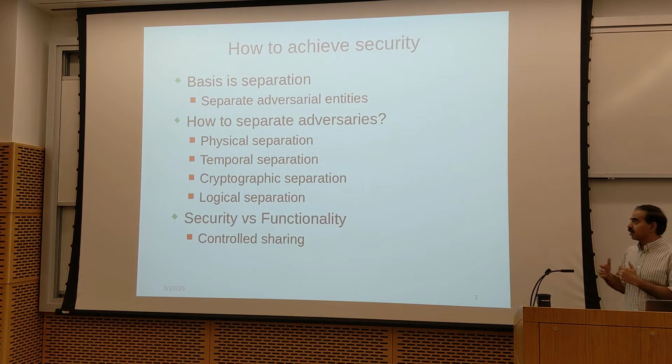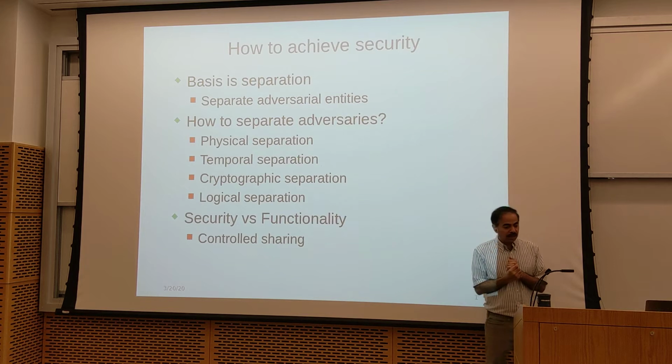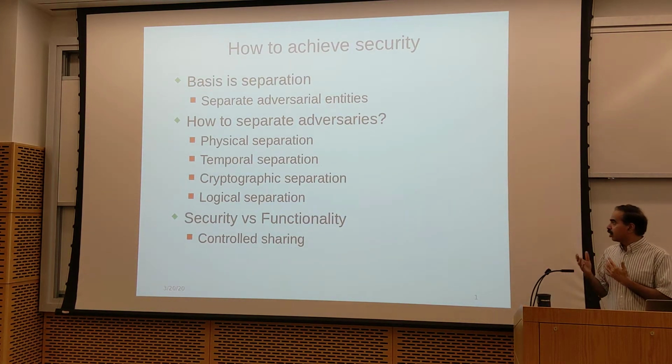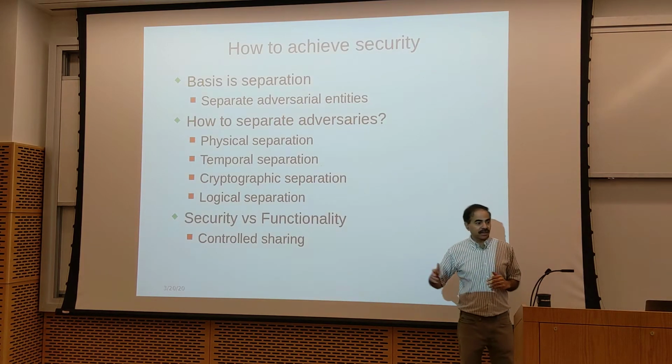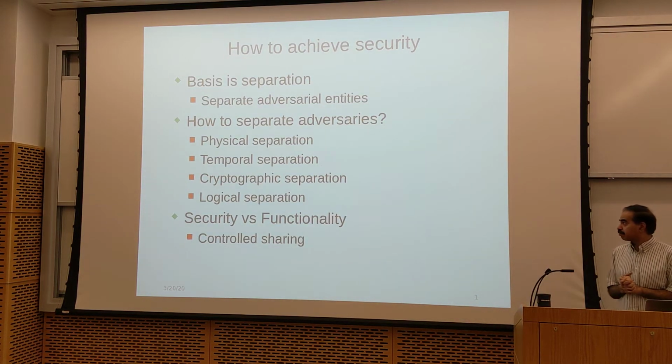So in a sense, logical separation relies on the correct operation of some other entity that is observing the two adversaries. For instance, we have talked about reference monitors in the past, and logical separation often goes hand in hand with reference monitors.